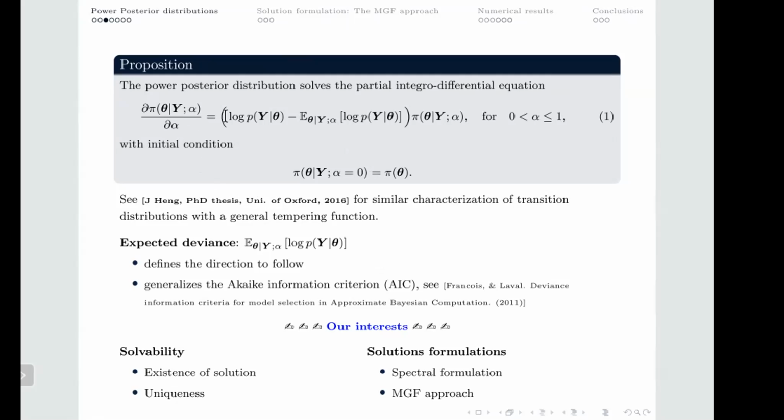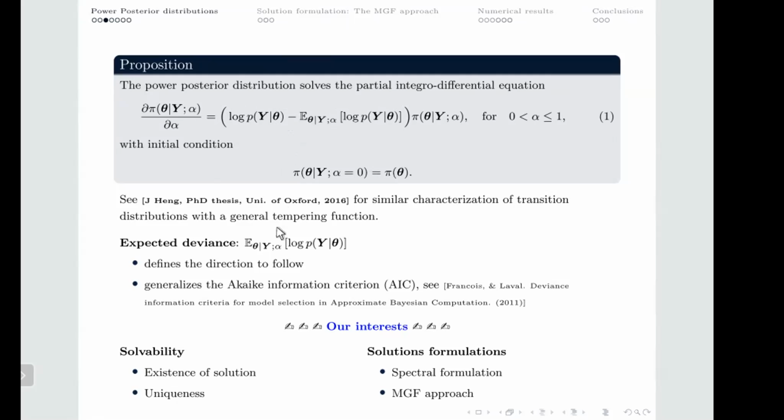For example, if you look at the terms inside the parentheses in equation 1, the first term has theta sampled from the prior. In the other one, you have to sample from the power posterior distribution. This one is almost constant, and this defines the sign. If the sign of the terms inside the parentheses is positive, it means that your power posterior distribution from one alpha to another will increase. If the sign is negative, it will decrease.